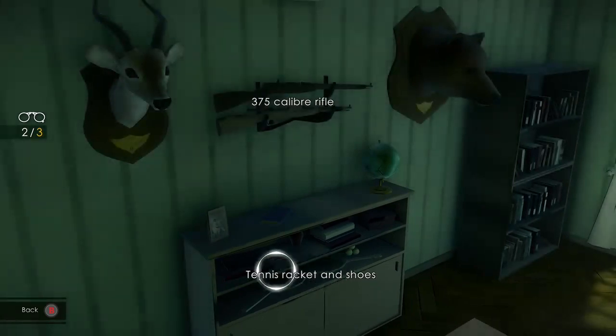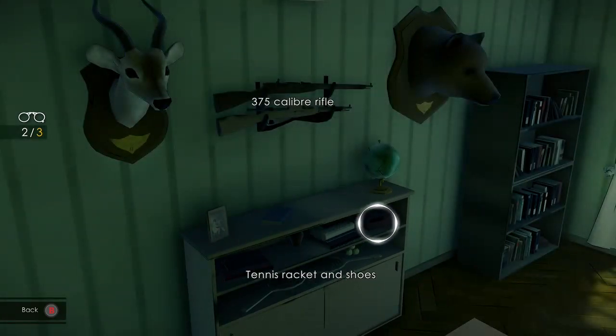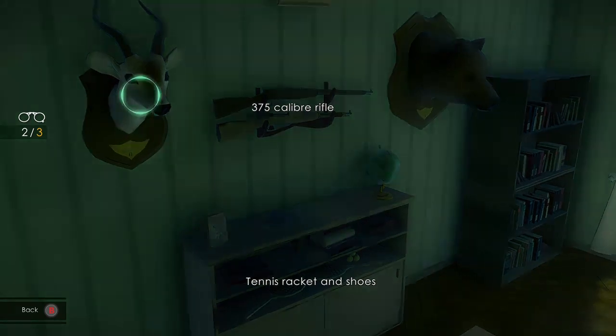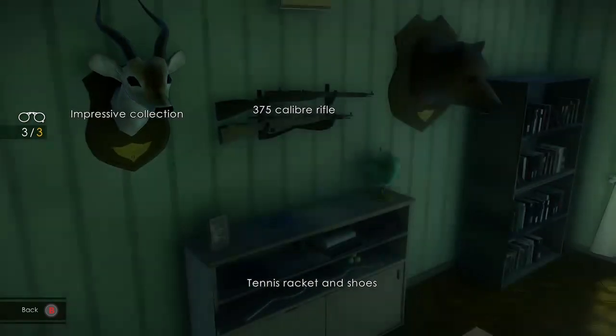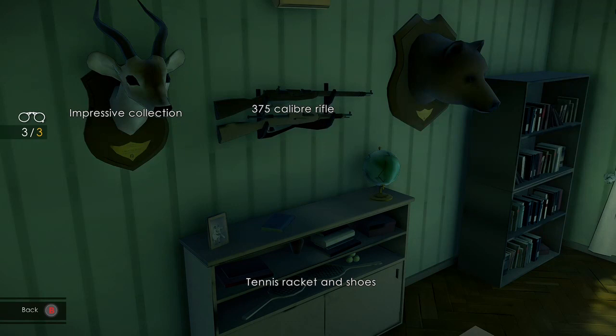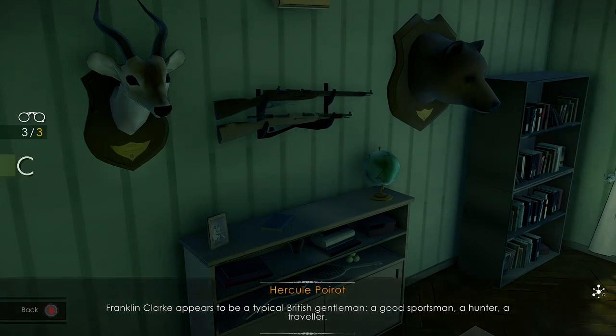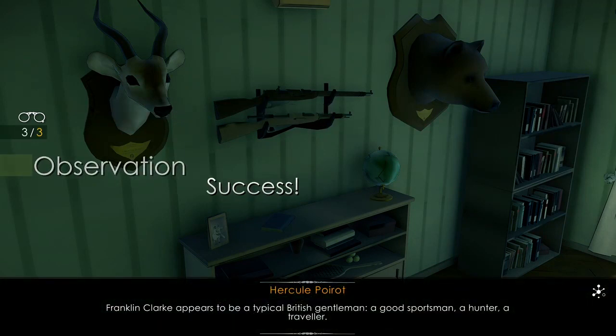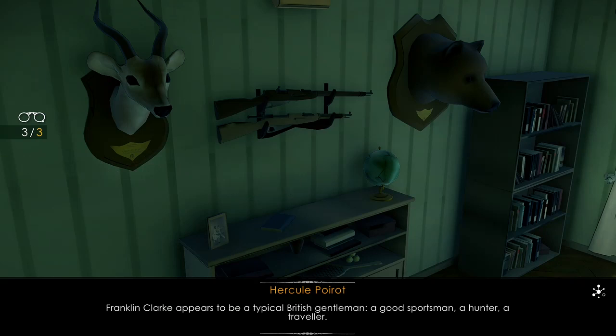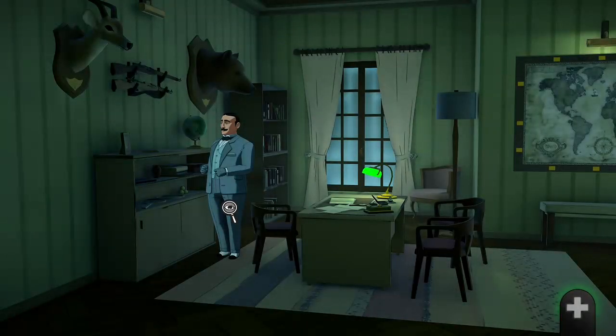Plays tennis. Franklin Clark appears to be a typical British gentleman. A good sportsman, a hunter, a traveller. Just because he plays sport doesn't mean he's a good sportsman.